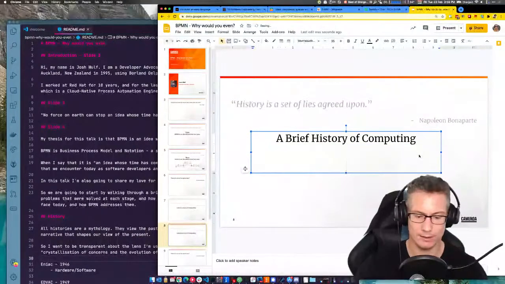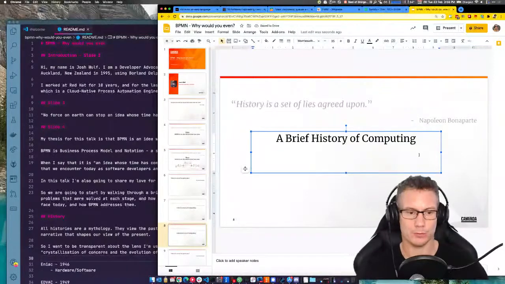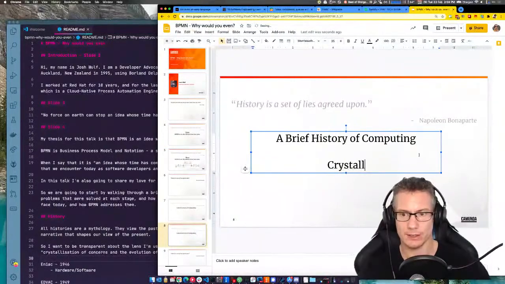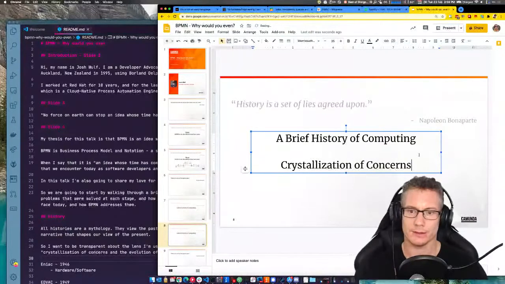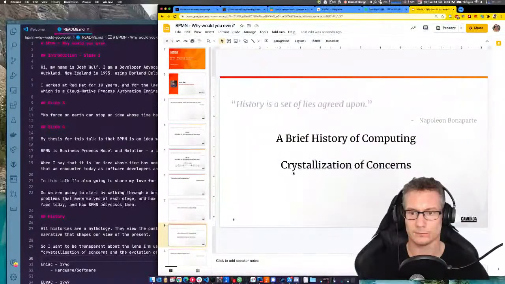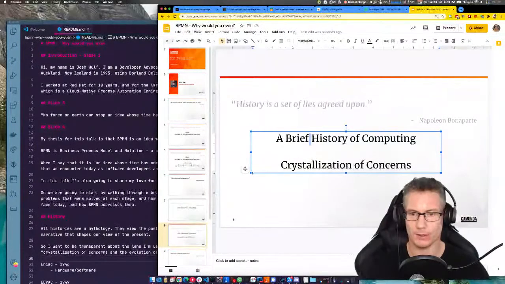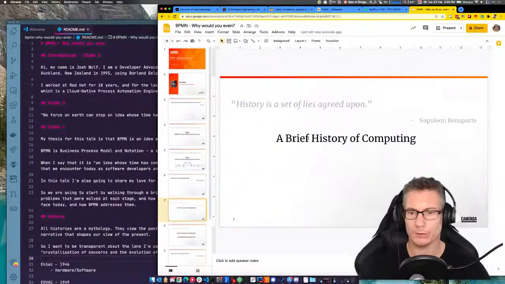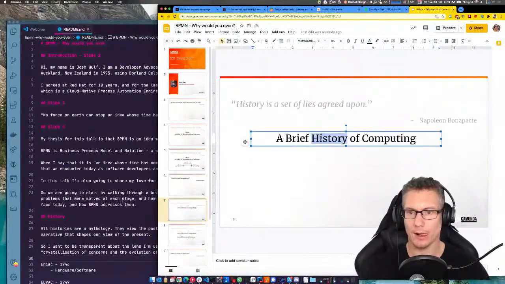So it's a history of abstractions, no, a crystallization of concerns. Crystallization of concerns. Yes. So I think, okay, if we go back up here, we'll underline this. Underline.